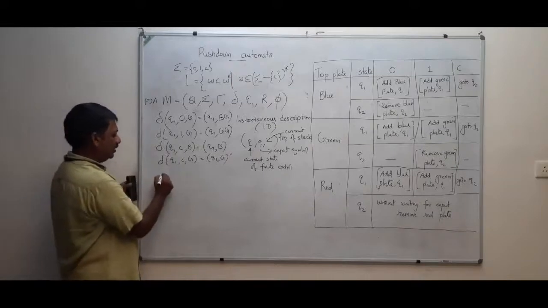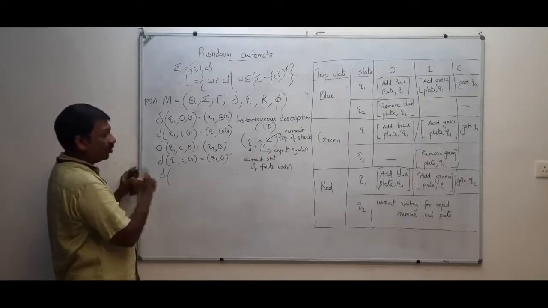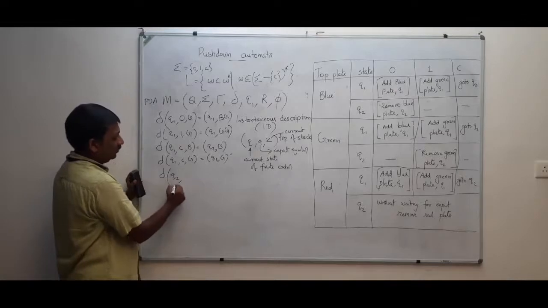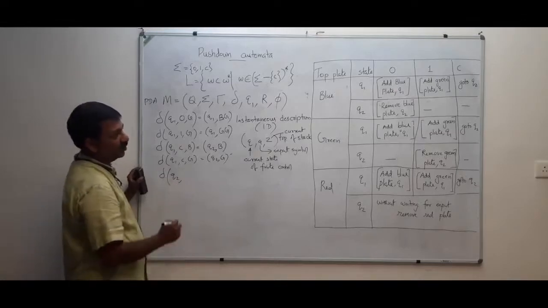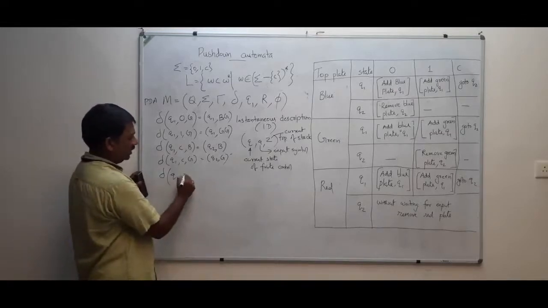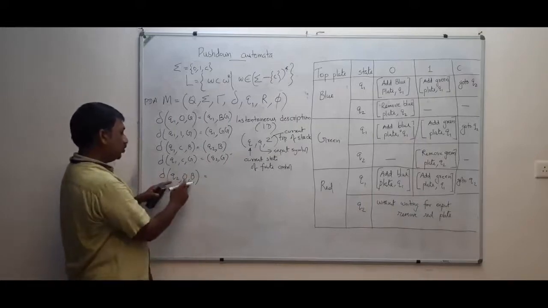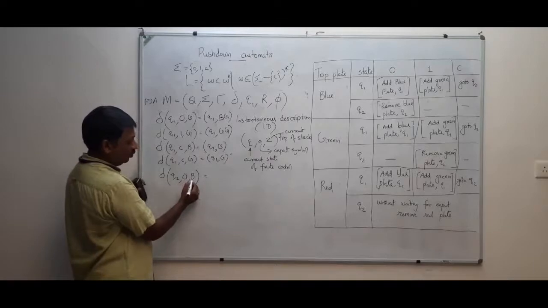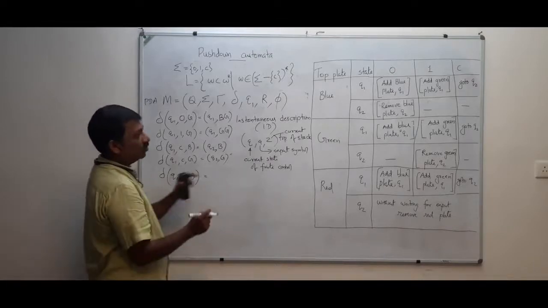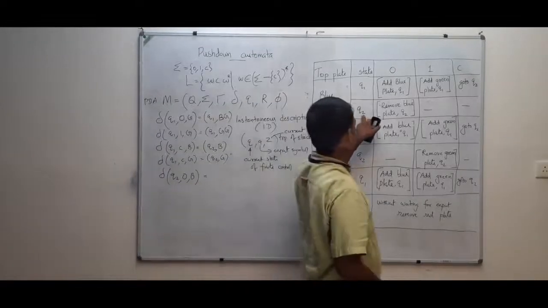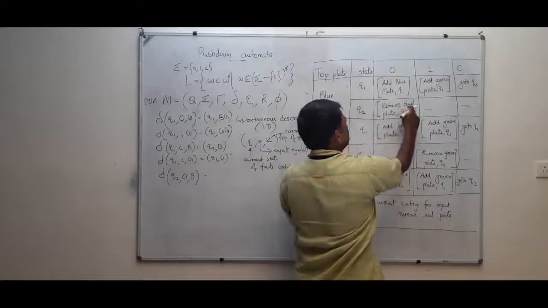Now what will happen if delta of Q2, and 0 is the next input and if it is B, what will happen? If 0 on blue, that means remove blue plate.